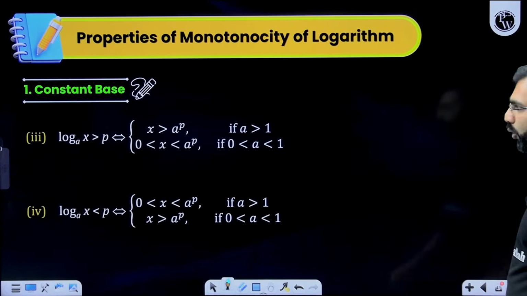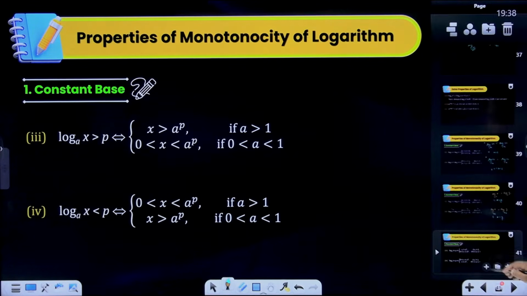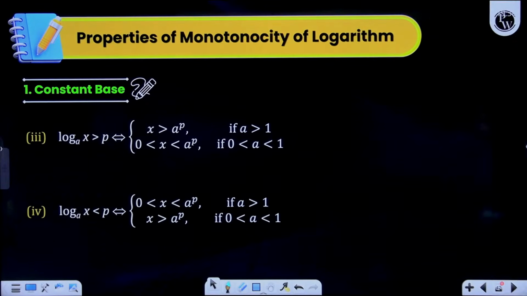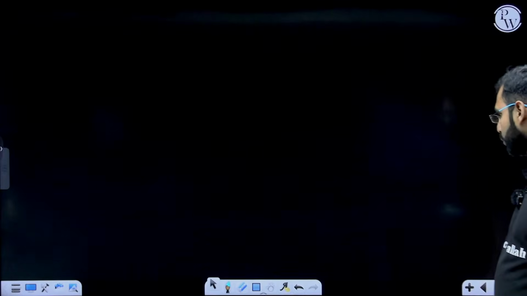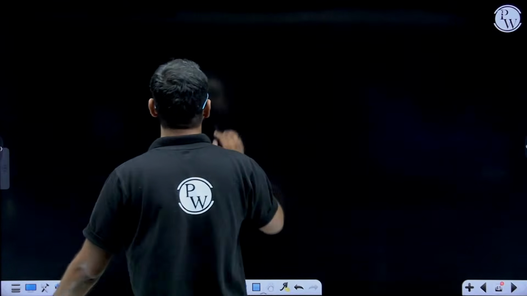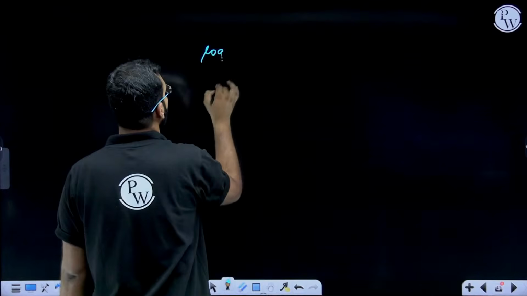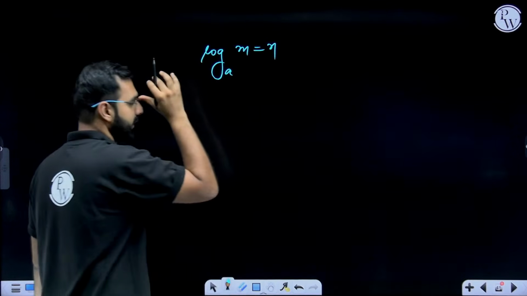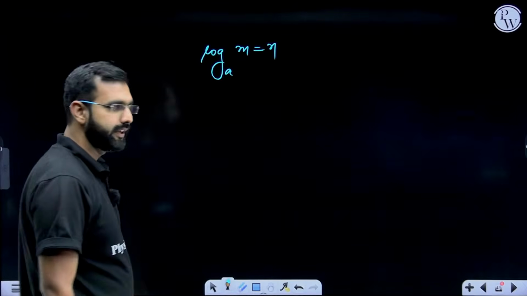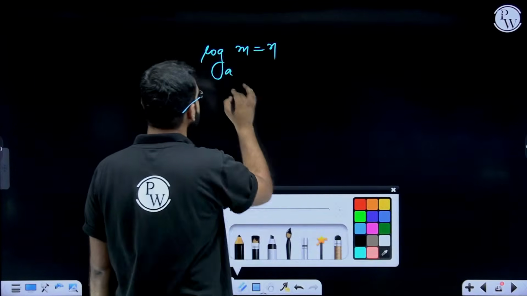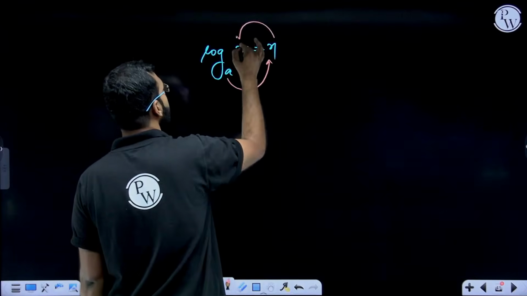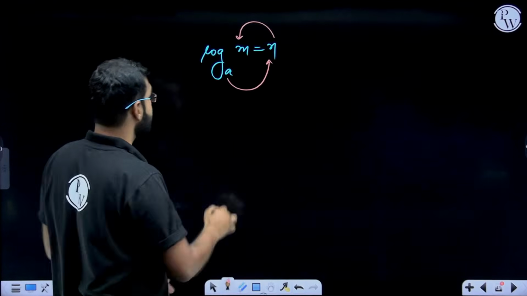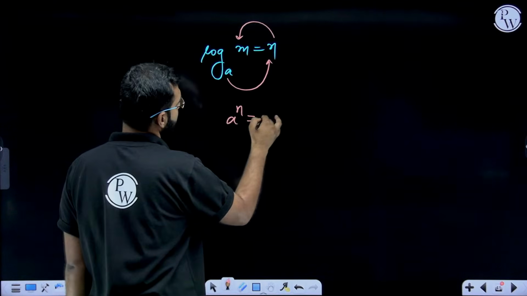Similarly, there are a few more conclusions. I'll now introduce the concept of anti-log. If I am told log of m at base a is n, then what we know clearly is that a raised to the power n gives you m.